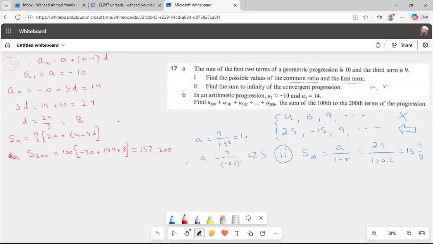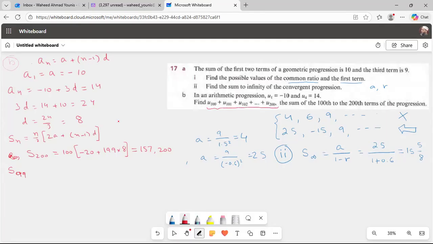Okay. And if I try to find the sum of first 100, no, not 100, but 99. Why 99? Because after 99, from the hundredth, I need to count them.